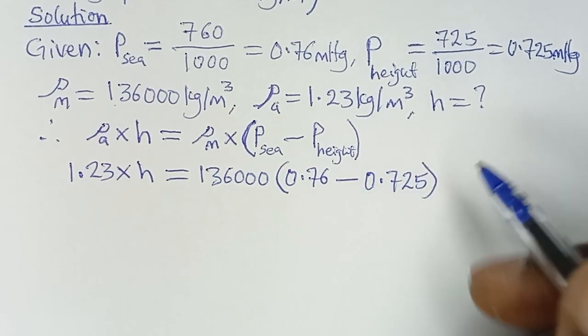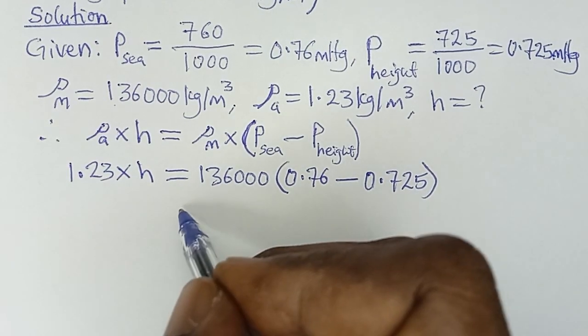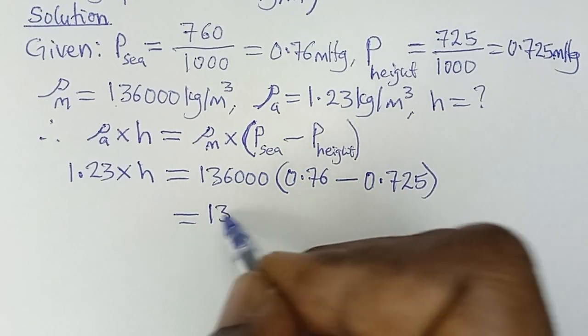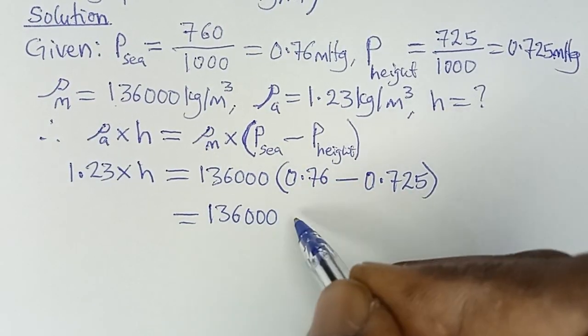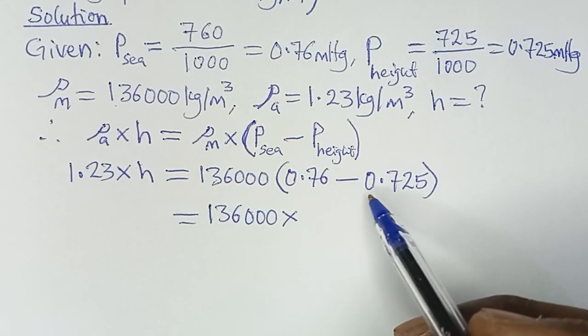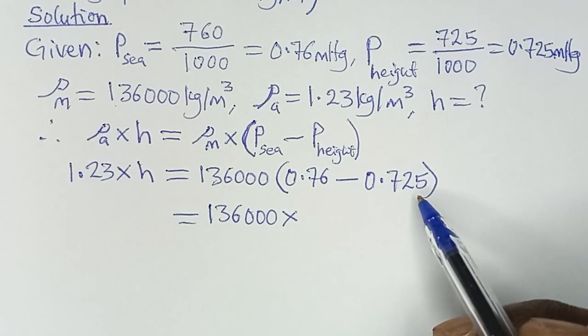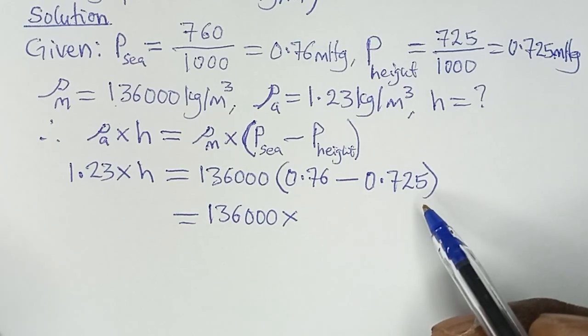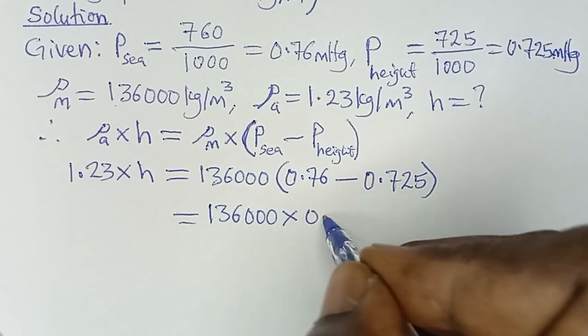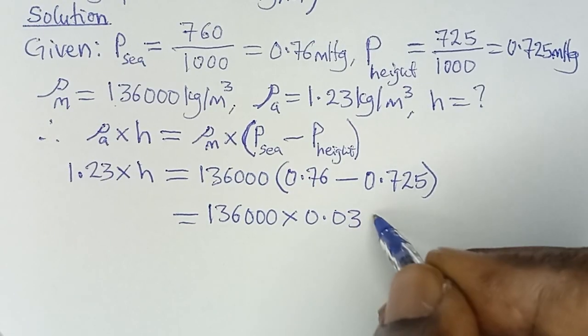That will be equal to 136,000 multiplied by 0.76 minus 0.725, which gives us 0.035.